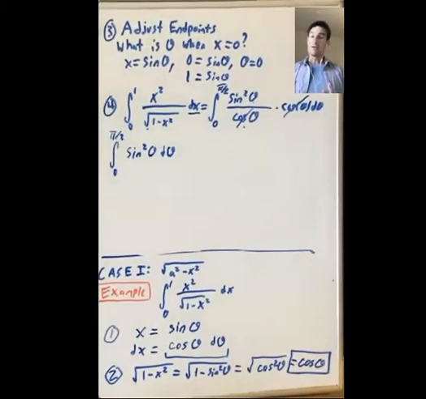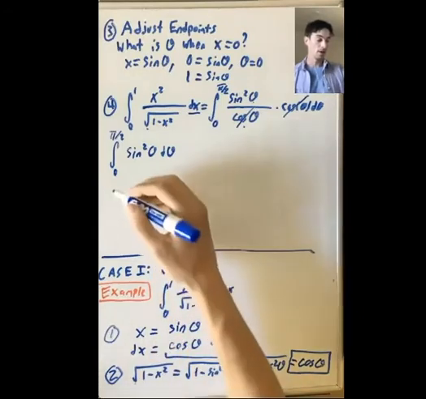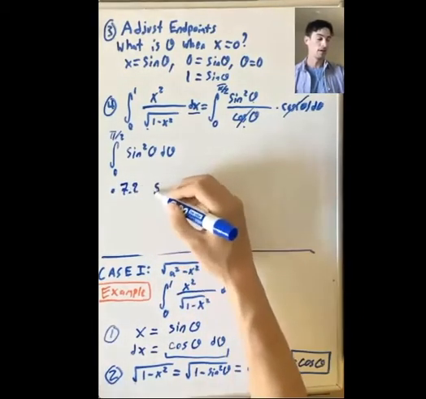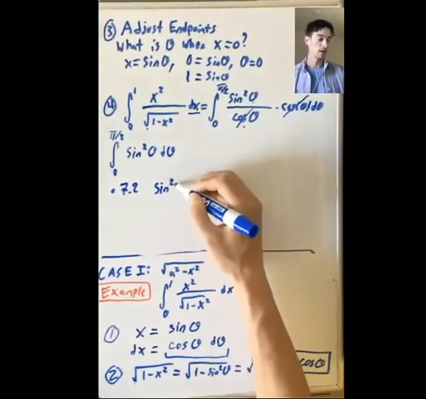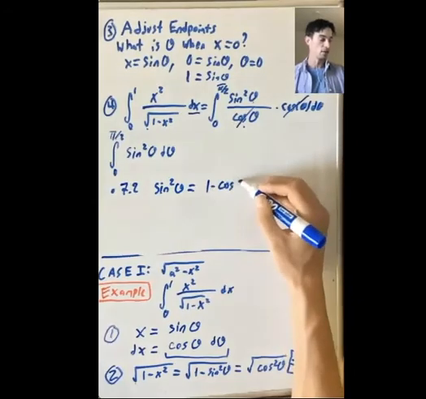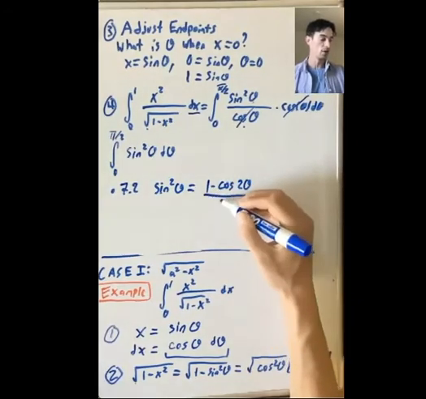And now how do you do this integral? Well, this is something we talked about in the last set of videos in section 7.2 on trig integrals. Remember from last time, 7.2, that sine squared theta is equal to 1 minus cosine 2 theta over 2.